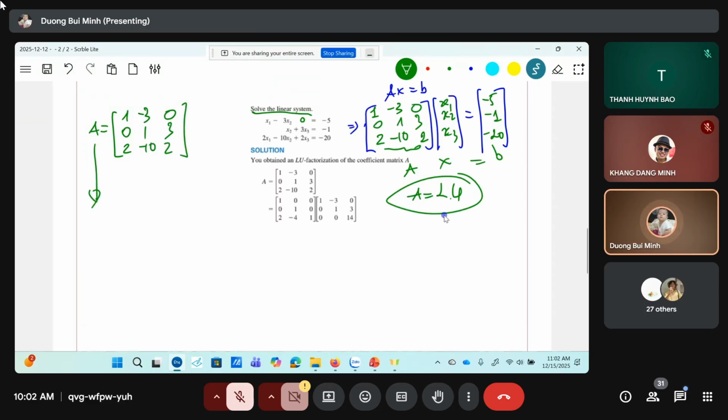Okay, I would like to get A1. This is R1, R2, R3. So I try to modify A to become U. Okay, so I need to delete 2. How can I do? I time -2 with R1 plus R3 relate to R3. You can get A1.